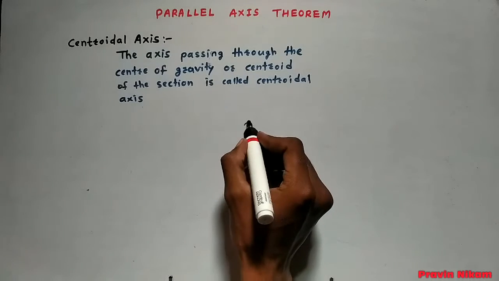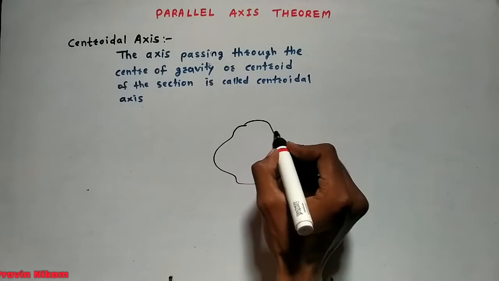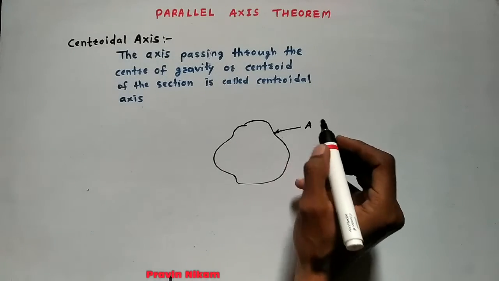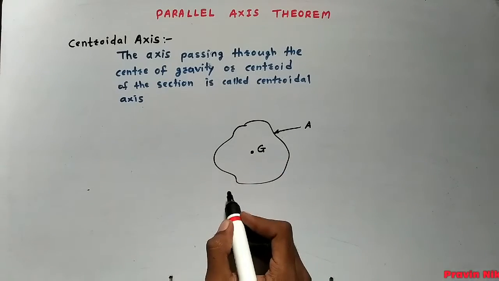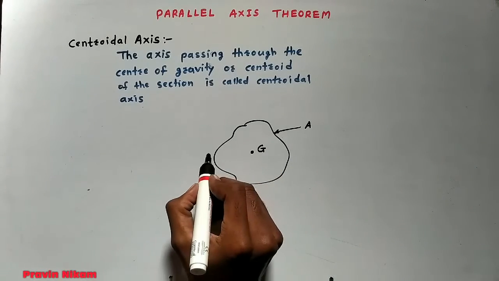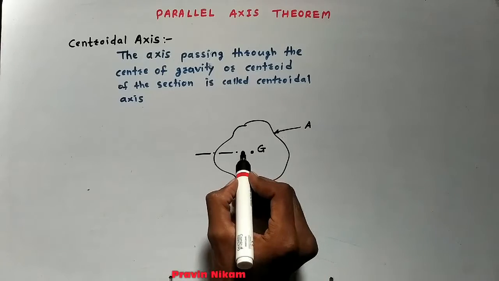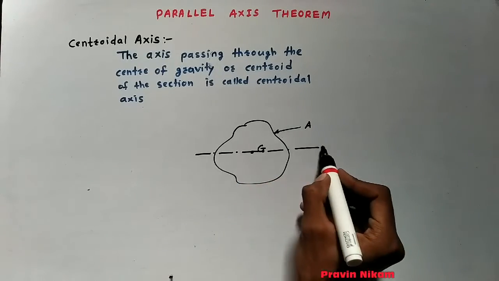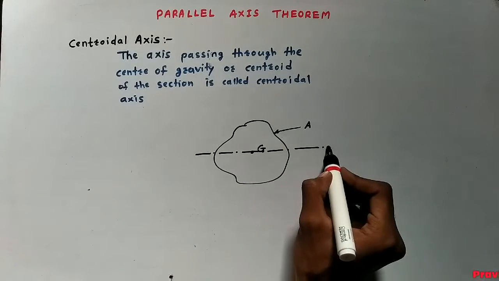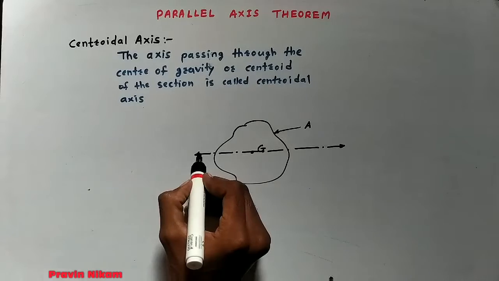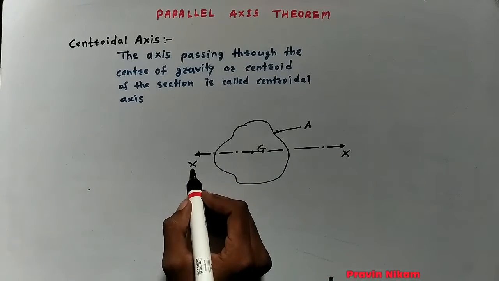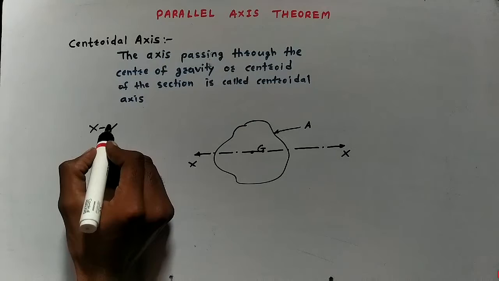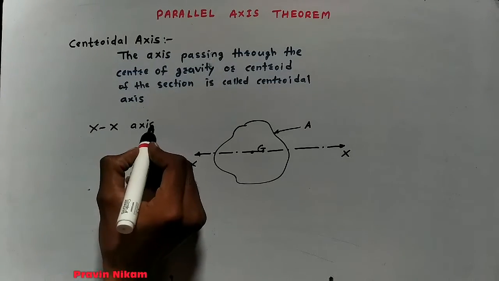So if this is the area A, and this is the centroid of the section, then the horizontal axis passing through the centroid of the section is called the horizontal centroidal axis. It is denoted by XX axis.